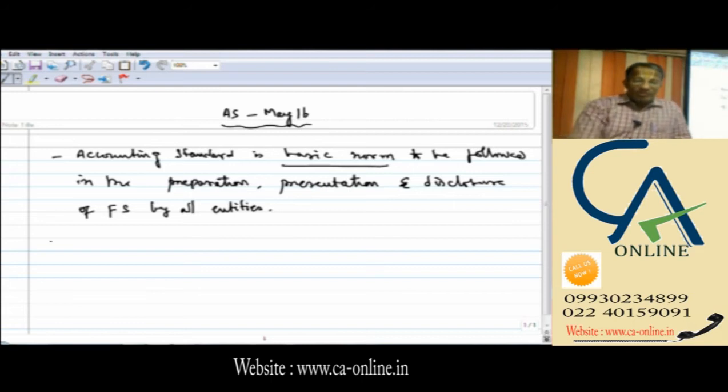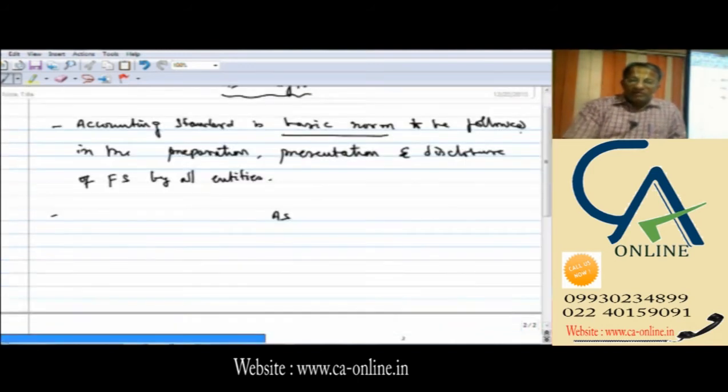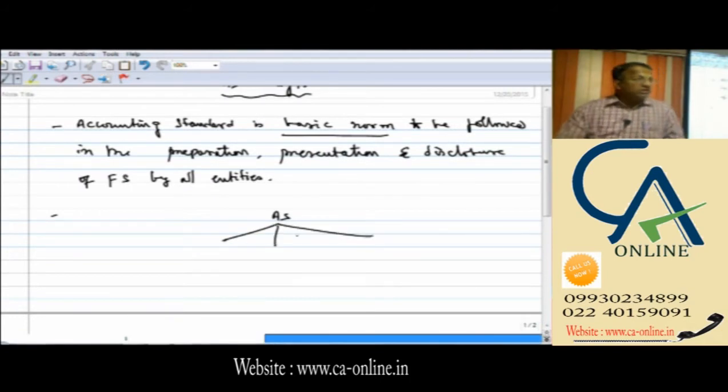Okay, we have just understood what an accounting standard is. In accounting standards, what are the classifications that we have? How many accounting standards are available in this world? You can divide the accounting standards into three, taking it globally. In the US, what is the accounting standard they follow? US GAAP.